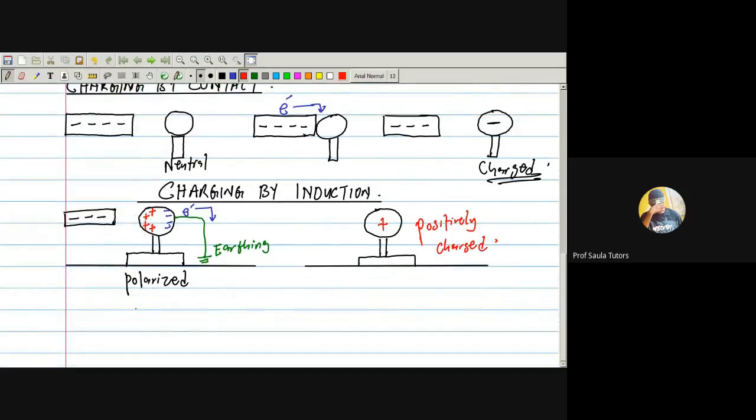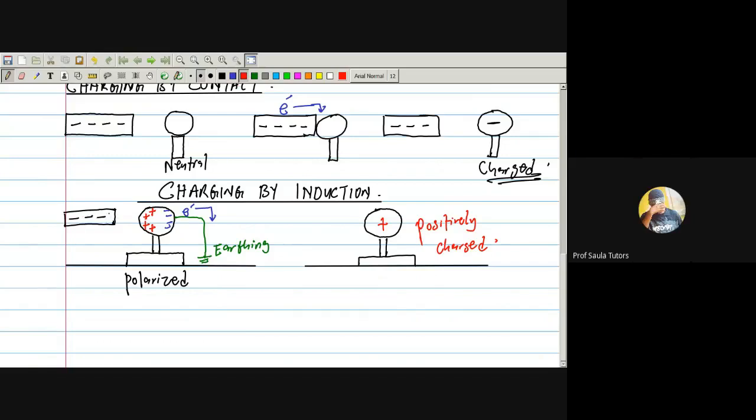Another example is this. After the attraction between this insulating material and this bar, it's going to be neutral again now. No, it won't be neutral. Let me explain it again.